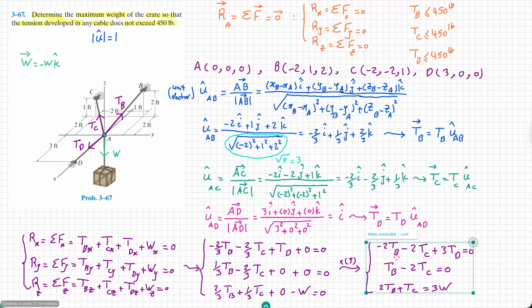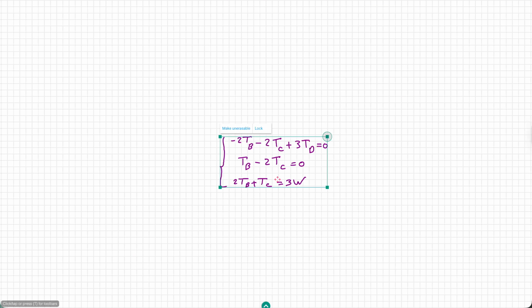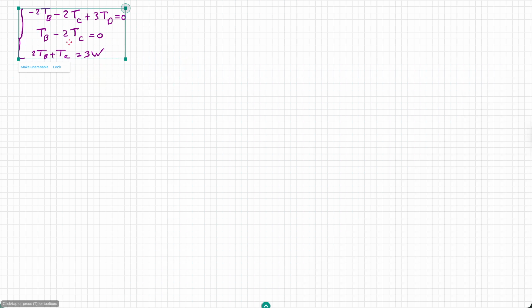If I move to the next page, I can continue here. So to solve this, let's try to eliminate between these two, because both contain TB and TC.